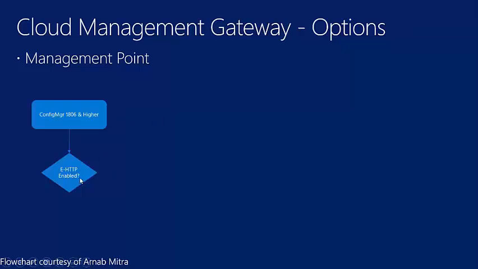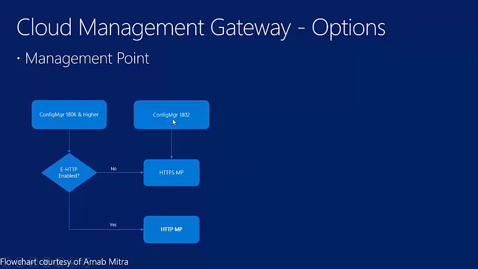If you do have eHTTP enabled, then you can just have your management point configured in standard HTTP, port 80 mode, and no problem at all. If you do not have enhanced HTTP enabled, then you have to have your management point running in SSL mode, right? We'll talk more about enhanced HTTP in a minute. In fact, you'll see it operating in just a minute.